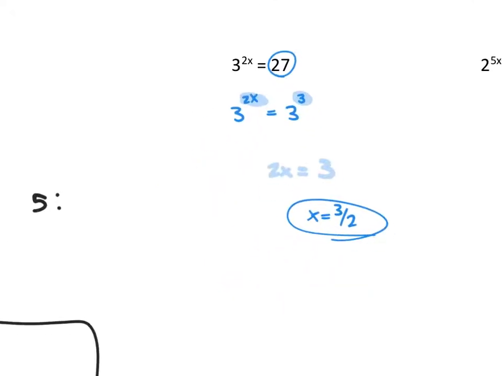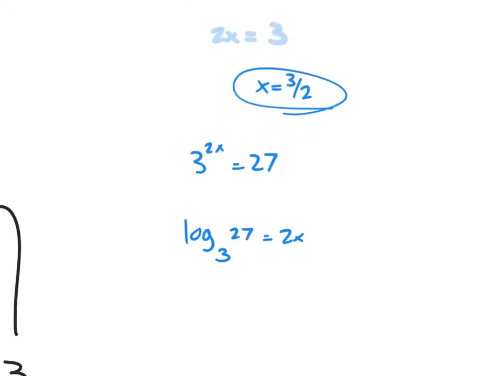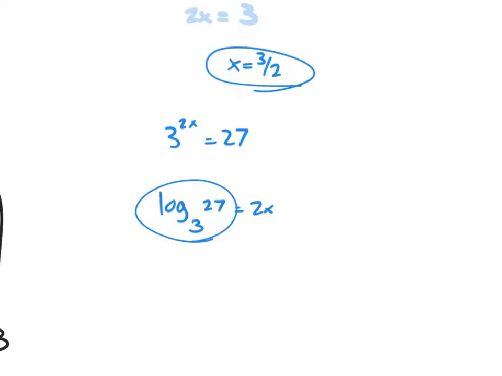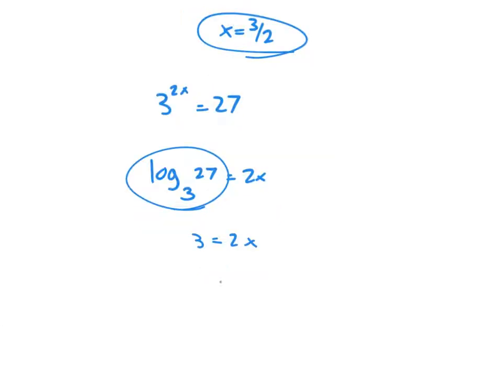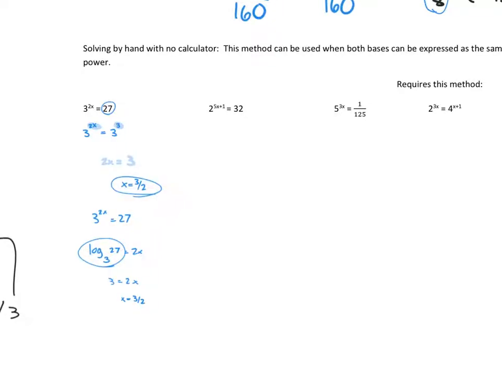And we could have also solved this one with logarithms by doing drop, log, and roll. Because log base 3 of 27 is just a 3. So anytime you see these that have the same base, you can certainly do it like that.